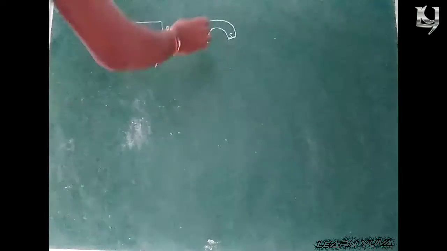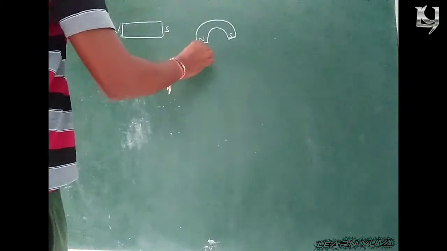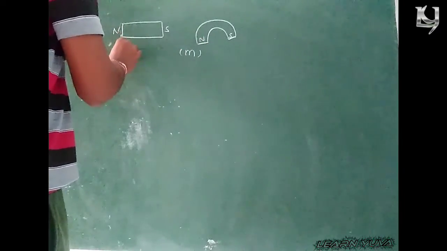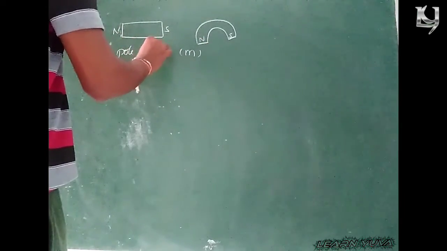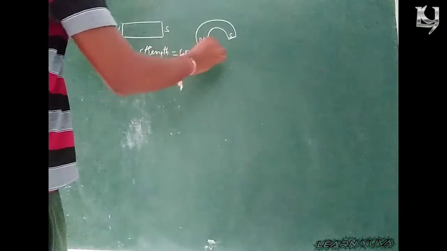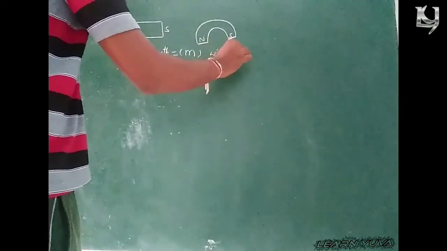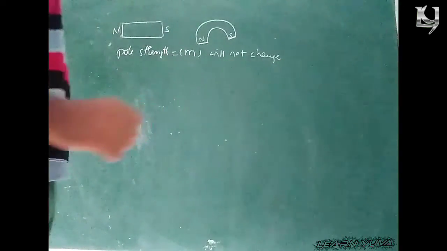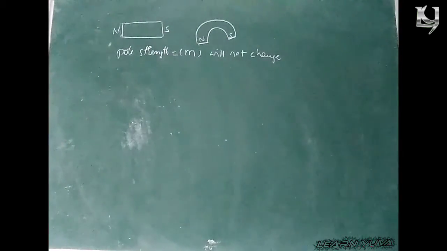Here the pole strength will not change, but the magnetic moment changes.